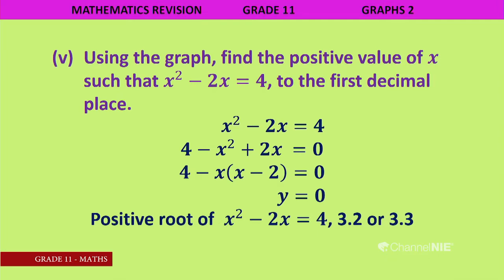Now, according to the given definition, this part is equal to y, then y equals 0. Y equals 0 means you have to draw a straight line on the same Cartesian plane as y equals 0. Then you have to find the common points of the curve and y equals 0.